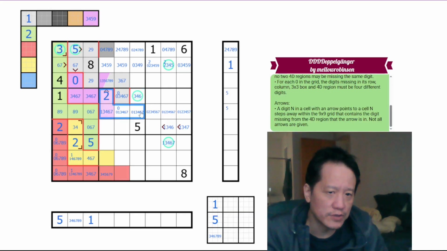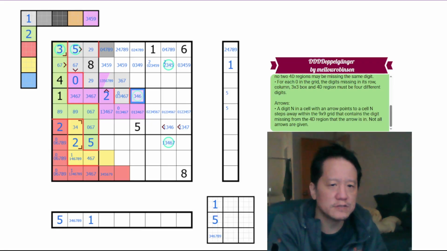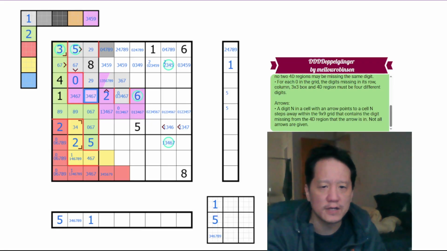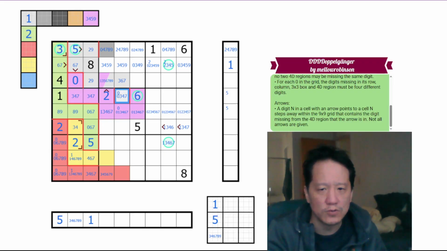So let's try that. So then we have to connect. This is 6, so therefore this cannot be 6 here. No 6, this is 0.